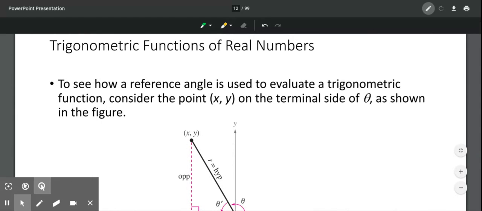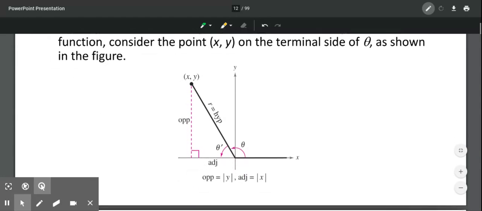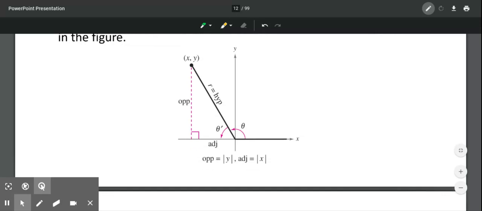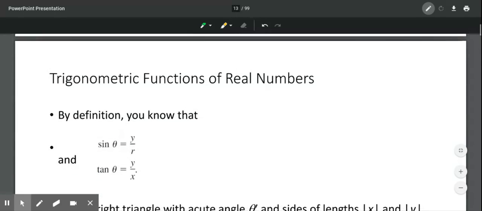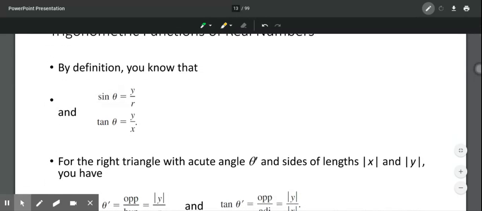All right, so our next thing we need to talk about are the trig functions, right? This was kind of what we did in example 1, where we used the reference angles to help us find our trig functions for triangles. Okay, and remember the definitions that you know: the sine of theta is y over r, which is your opposite side over your hypotenuse.